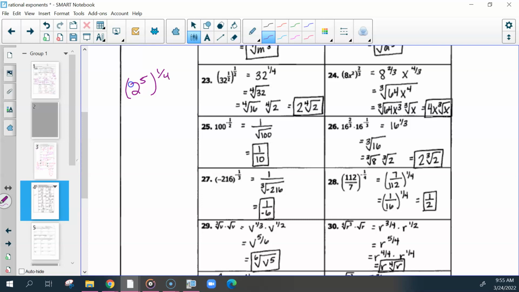And then you could have multiplied your exponents and changed that to radical form. And then simplified it like that. But whichever way works better for you, do that. Questions on 23?